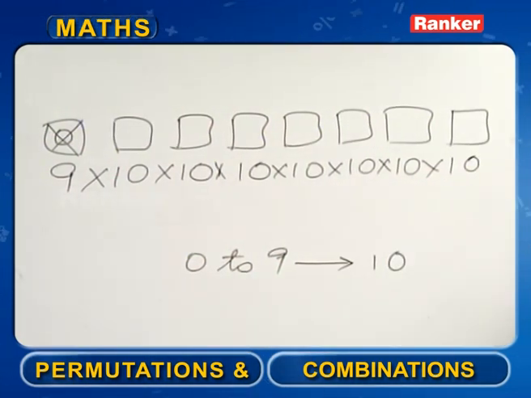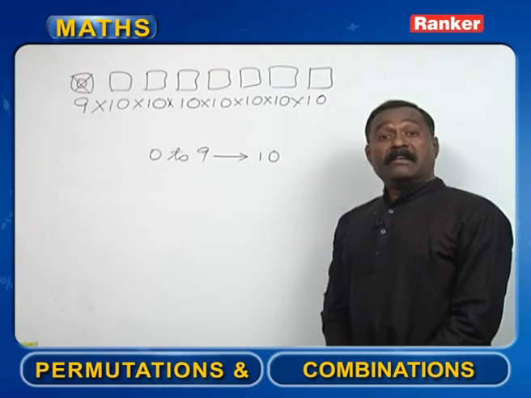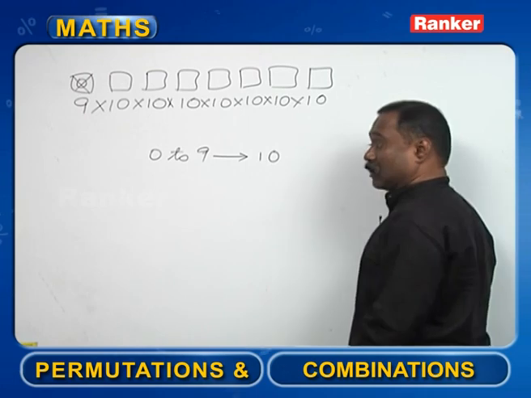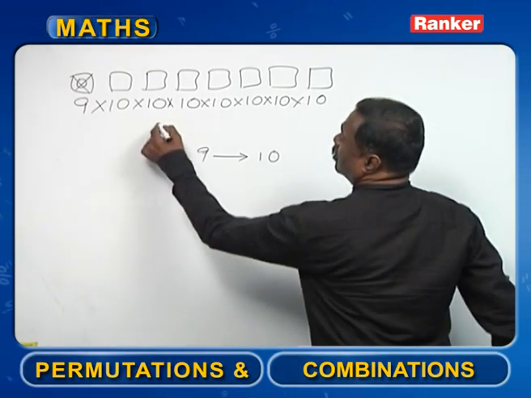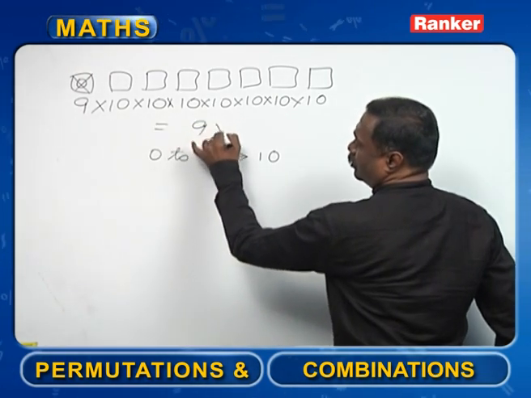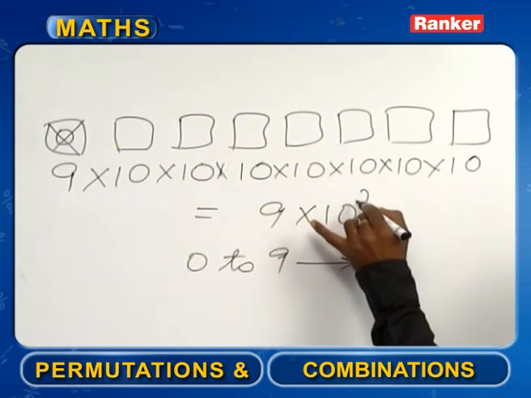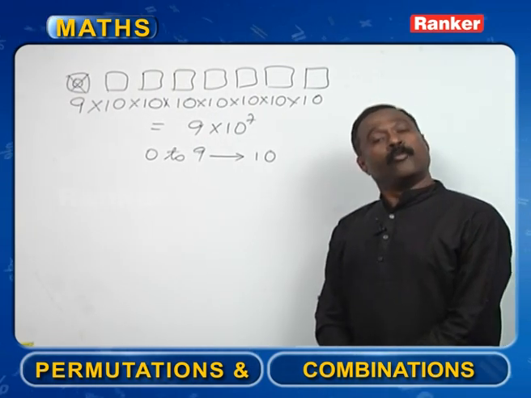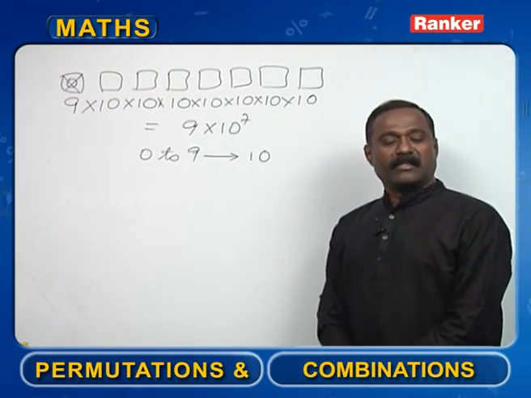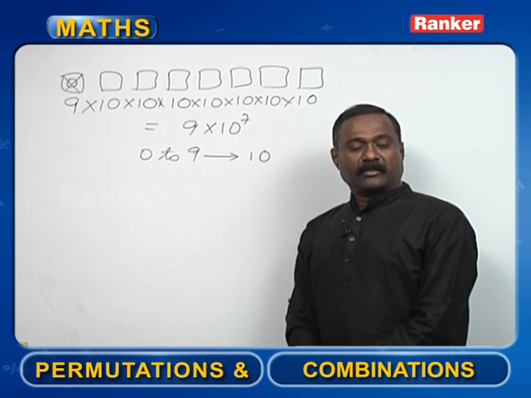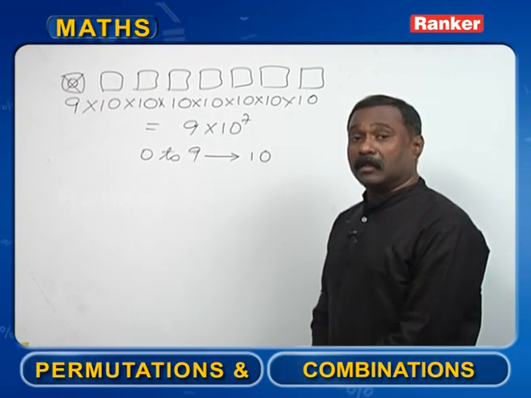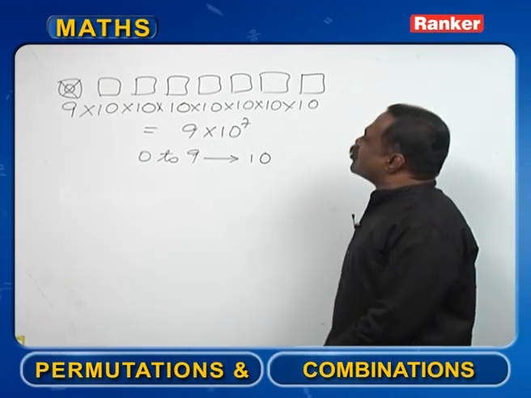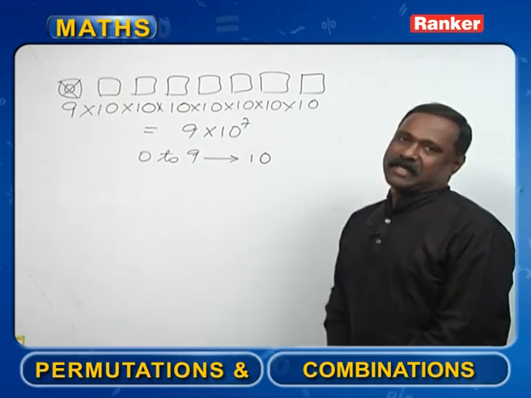So the number of 8-digit numbers that can be formed is nothing but 9 into 10 power 7. These many 8-digit numbers will be there. So you can see the answer also, that is 9 into 10 to the power 7. So that is the answer. So let us not limit ourselves to this one only. Now let us discuss.